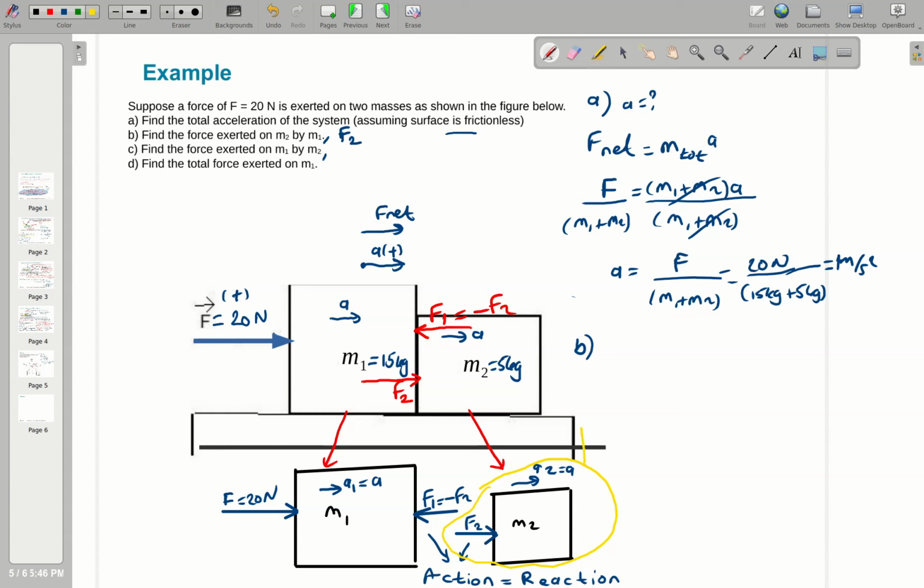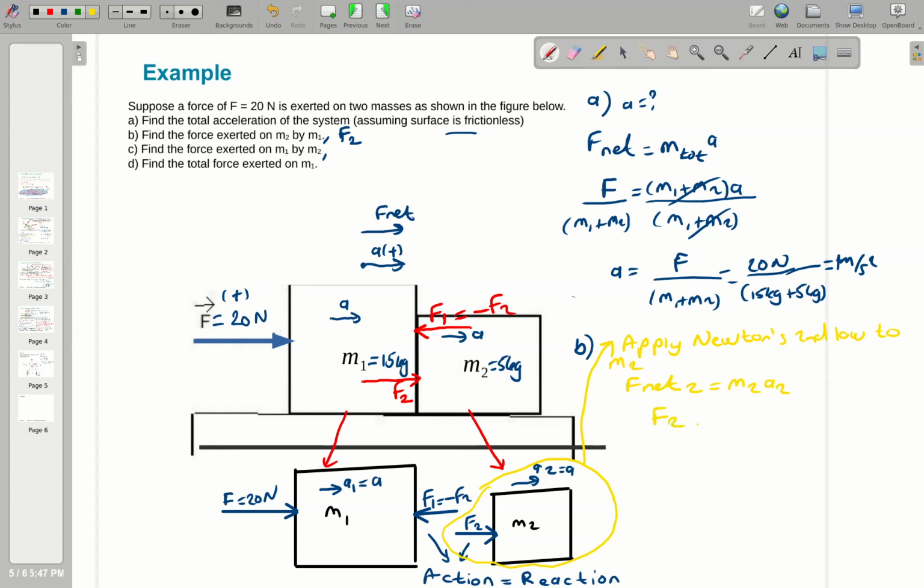I'm going to apply Newton's second law to M2 separately, and I'm going to rewrite it as F net 2 is equal to M2 A2. I know A2 is equal to A. I know M2 is 5 kilogram. F net 2 is F2 only. There's no other force in here.